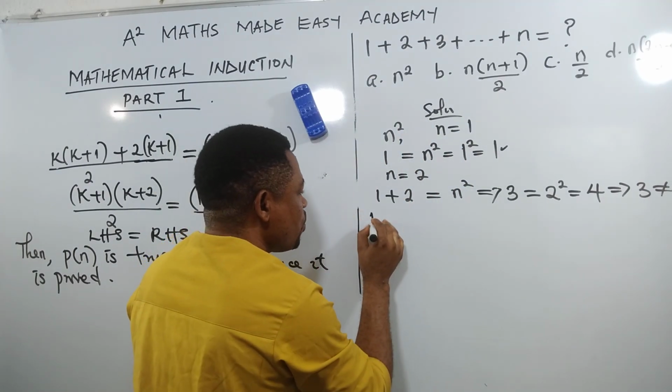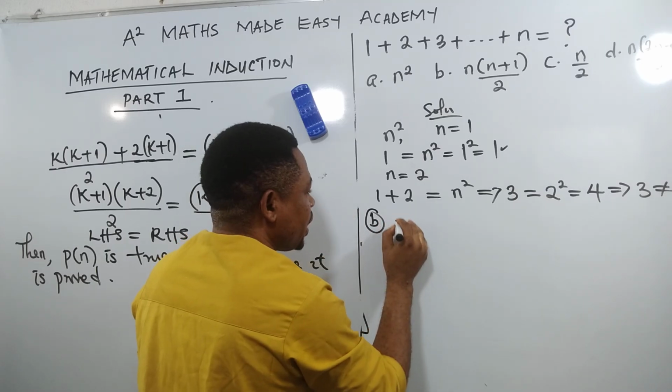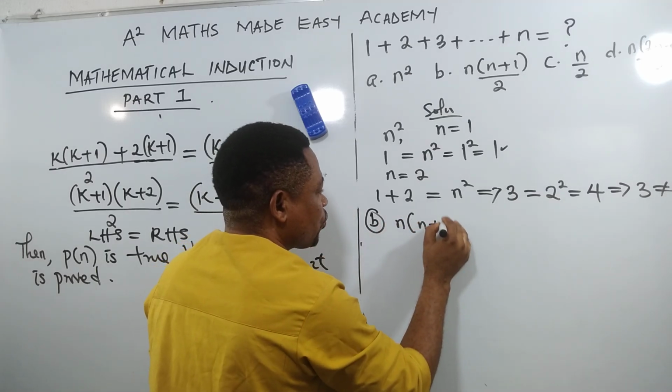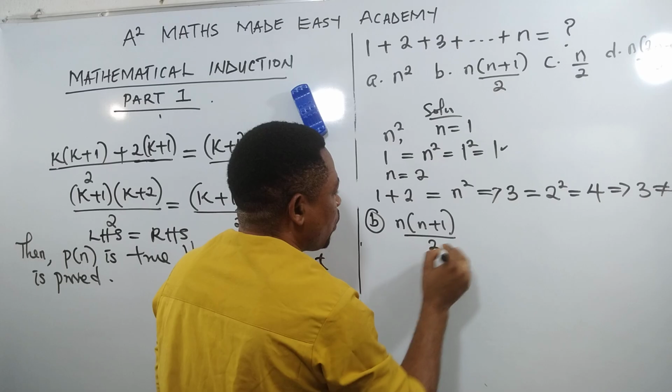We now move to option B, which says n bracket n plus 1, all over 2.